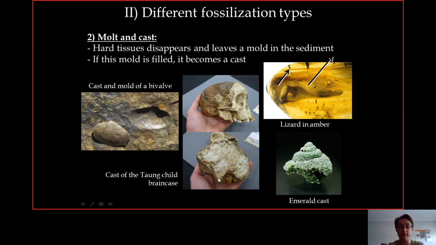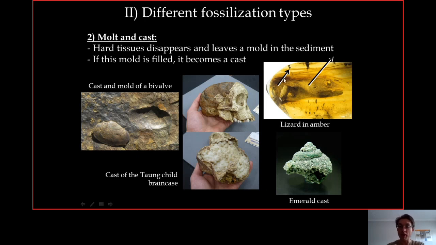And you can see that this is the inside of that block here, and it's made of shiny calcite crystals. So the calcite has completely filled the brain cavity. So that's a very famous cast, the cast of the Taung Child, Australopithecus.